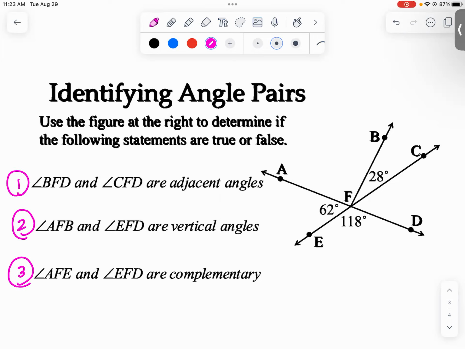I just want you to look up here and think about whether it's true or false and be able to defend it. True or false? BFD and CFD are adjacent.